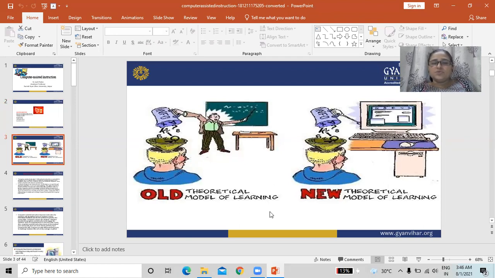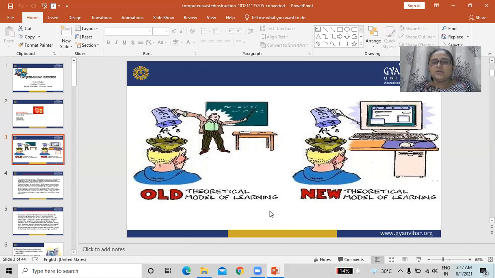This slide shows you the old method of learning and the new method of learning.